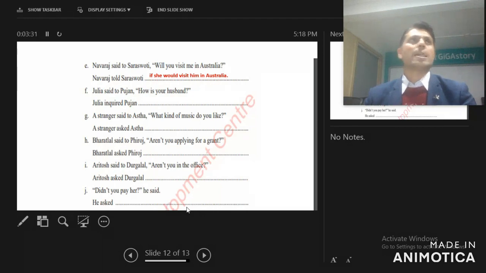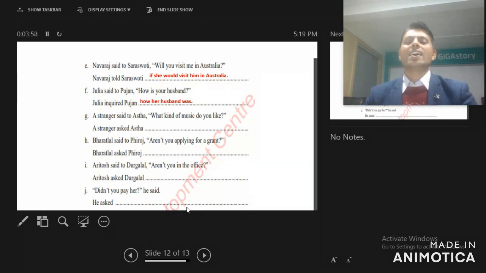Julia inquired Pujan how her husband was. In place of your we write her. Why? Your is a second person pronoun, changed according to the object. The object is Pujan, so we write her husband. Then is became was, how her husband was.